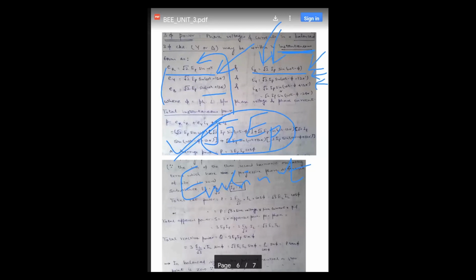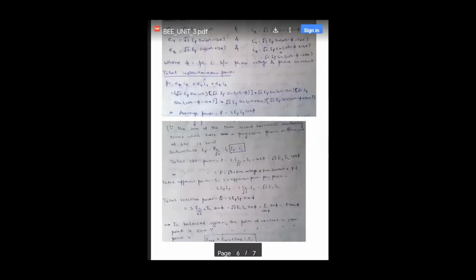Okay. Since we are now aware of all these instantaneous voltages and currents, we will substitute these values in the instantaneous power equation. When we substitute these values and do some mathematical calculation, some of the factors cancel out each other, and the resultant value which we get is 3 EP IP cos phi.